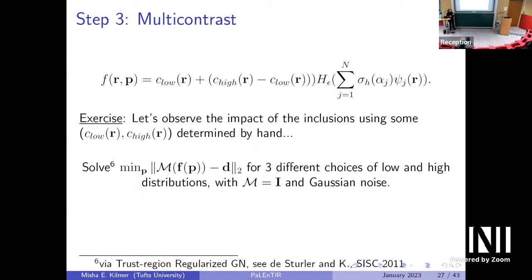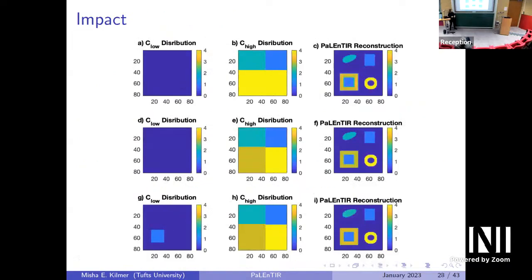Okay. So for each one of the next 3 slides, I made some choices for this, and then I solved this problem, again with M as the identity operator and Gaussian noise. See what would happen. So if this is the distribution for the lowest possible value, and this is for the highest possible value, here is a reconstructed image, a different image, basically.